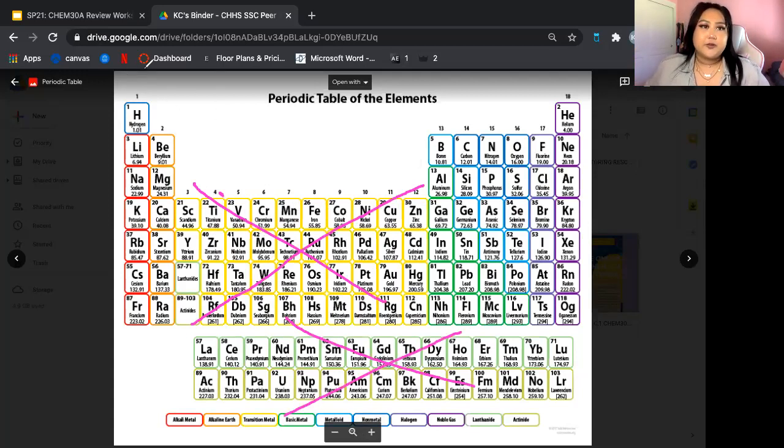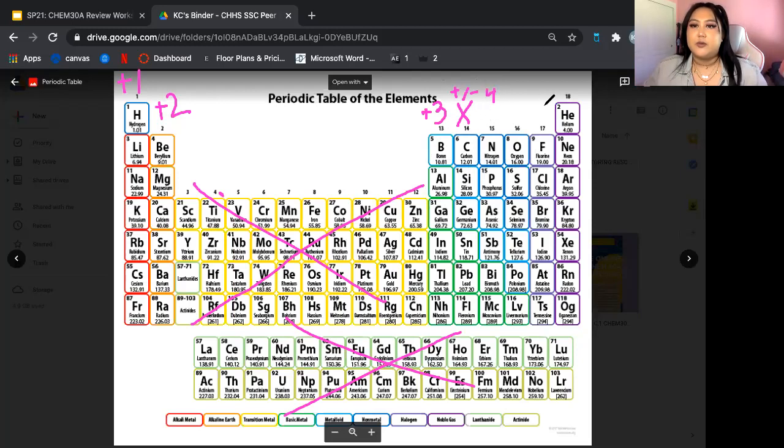So this 1A group has a +1 charge. 2A has a +2 charge. Skipping all the way to 3A, it's a +3 charge. This one we kind of skip because it could be a plus or minus 4 depending, but you don't really have to worry about that in the class because she doesn't use it.